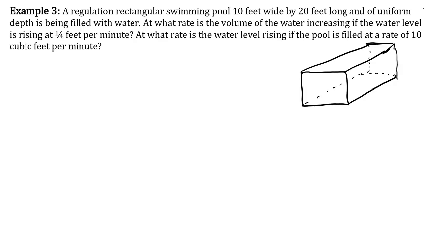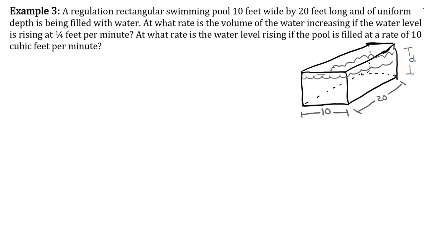So we have 10 feet from here to here. We got 20 feet from there to there, and a uniform depth, which we don't know, but we'll just call it D.